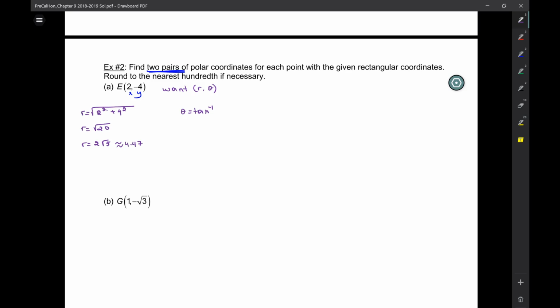So don't use the rounded one. Just be careful about that stuff. So inverse tangent of negative 4 over 2. Now, go ahead and put that in your calculator in radian mode.